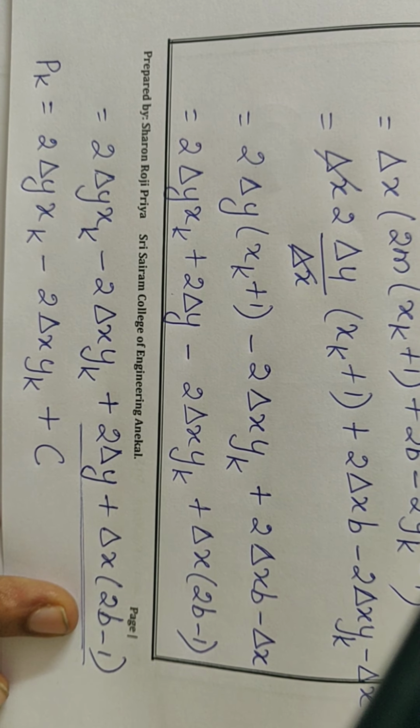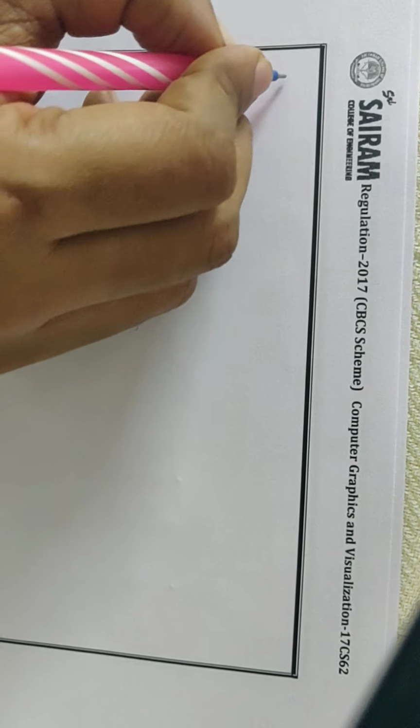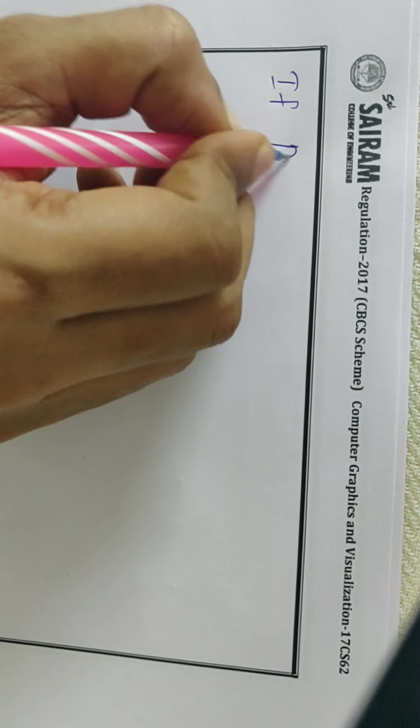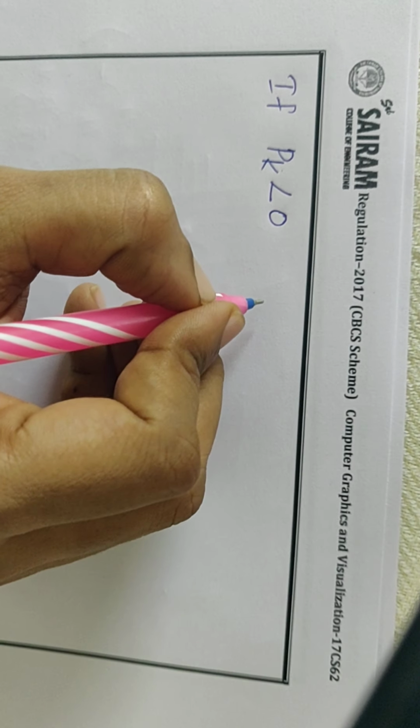Now what I have to do is, if pk is less than 0, where is the diagram?